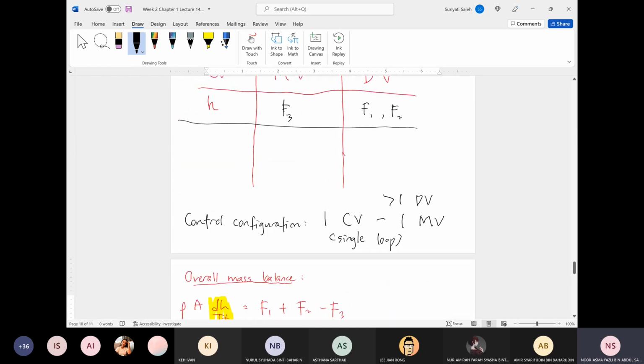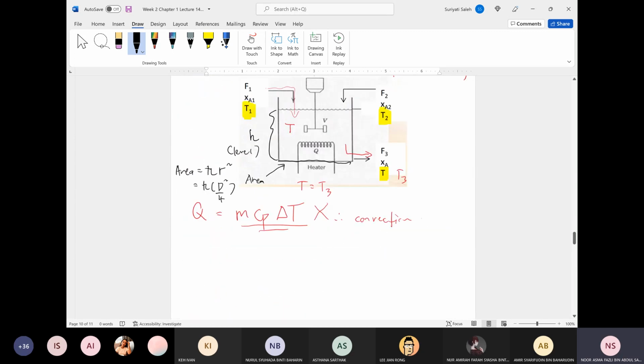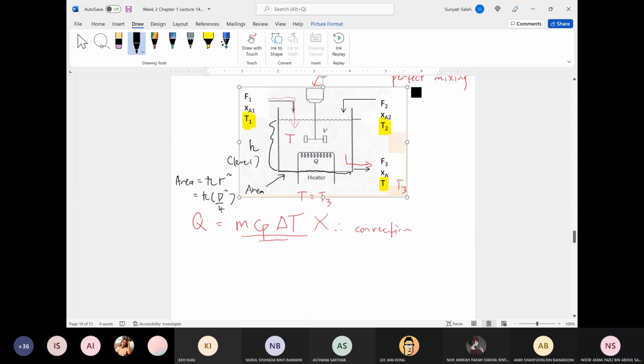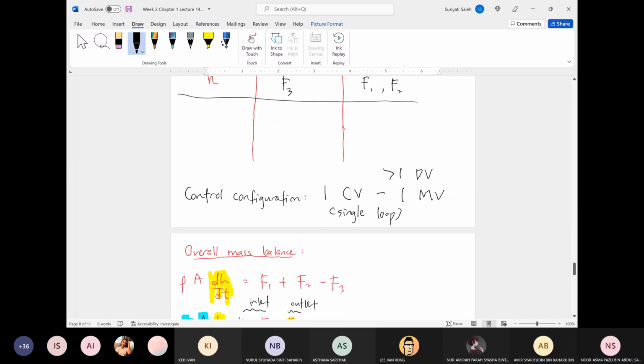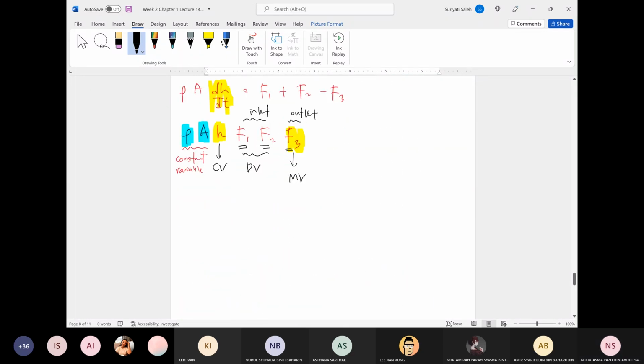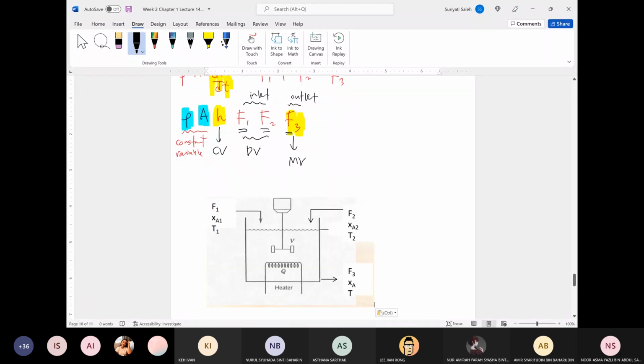Next, I will explain the control configuration. Based on this, our CV is H, our MV is F3. So F3 is located over there. In order to draw the configuration, this is your level.